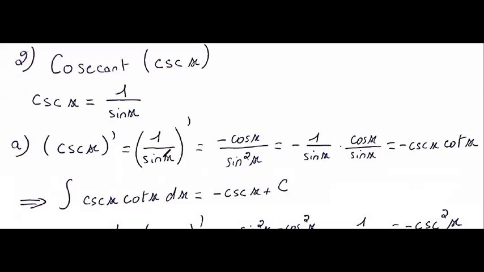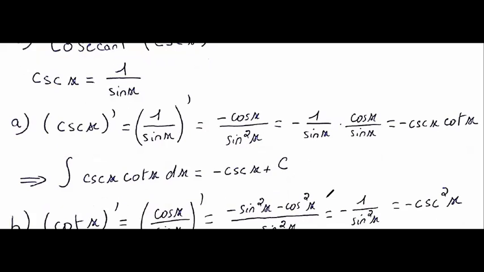So it's minus u prime over u squared, so minus cosine over sine squared, which I can write as minus 1 over sine times cosine over sine, which becomes minus cosecant times cotangent, because cotangent is cosine over sine. So the derivative of cosecant is minus cosecant cotangent, which means the integral of cosecant cotangent dx is minus cosecant x plus a constant c.